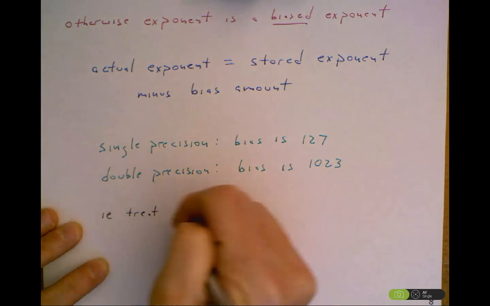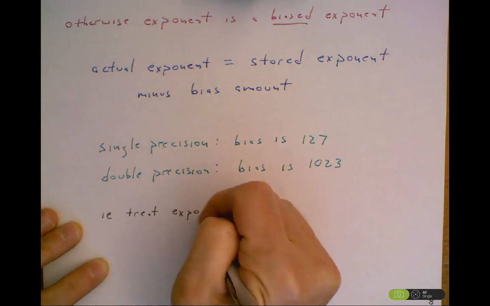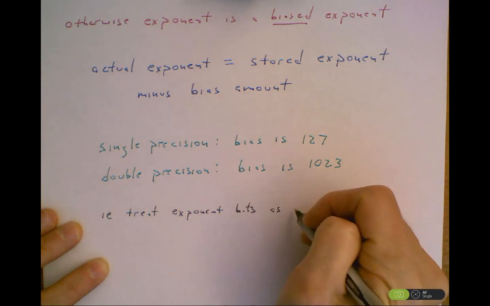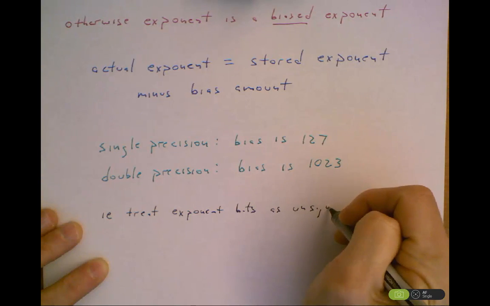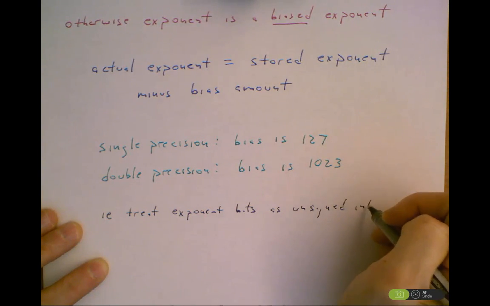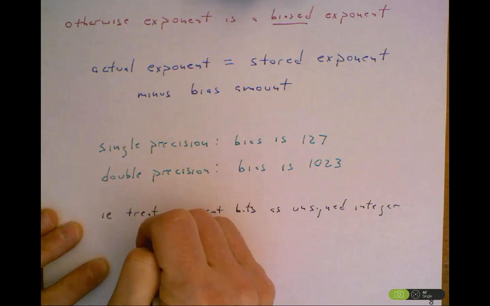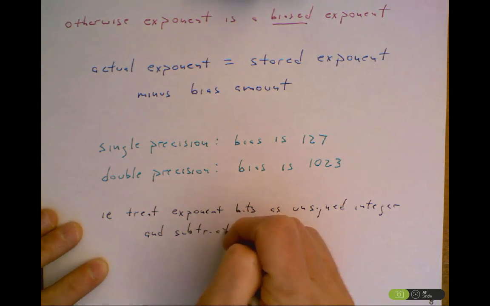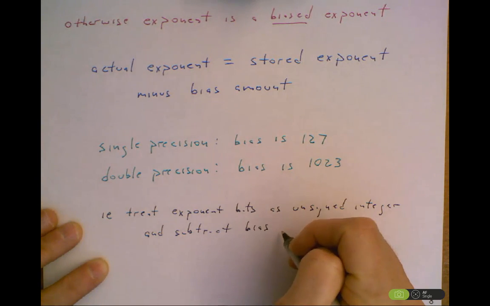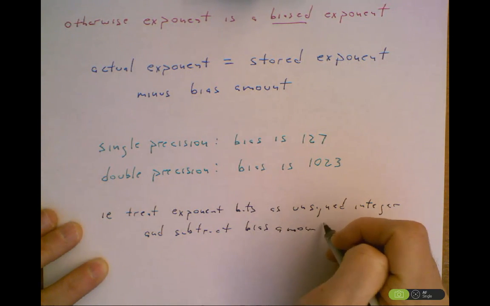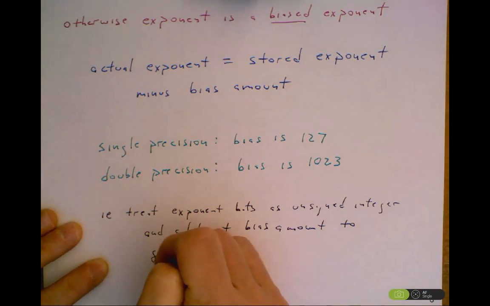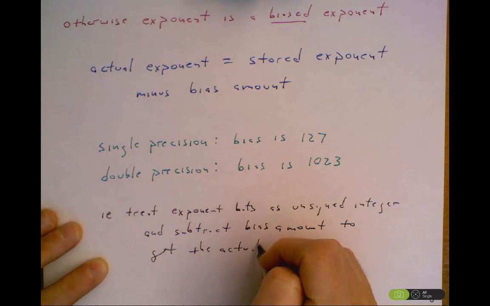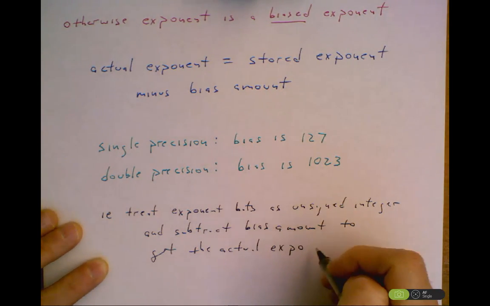So I guess what's missing here is: treat exponent bits as unsigned integer and subtract bias amount to get the actual exponent.